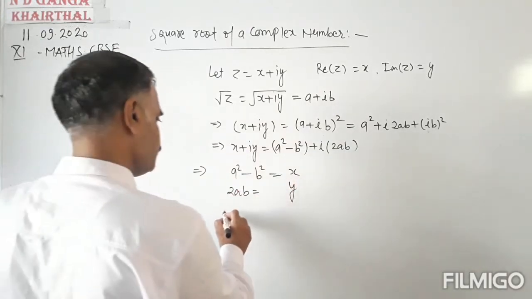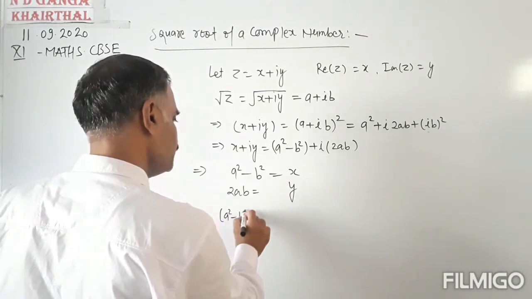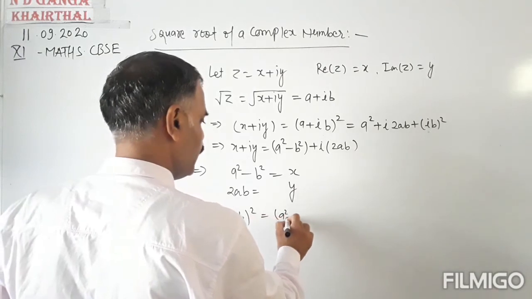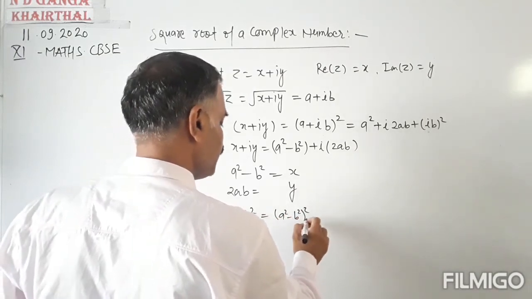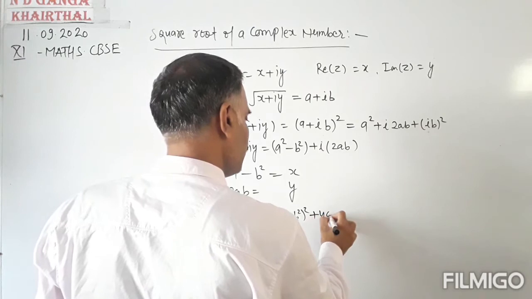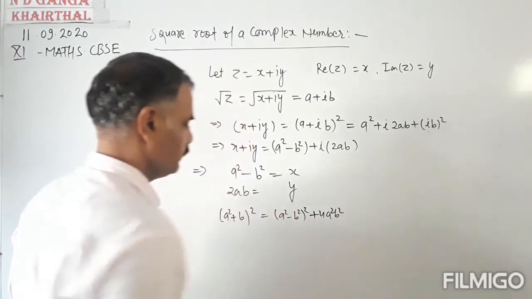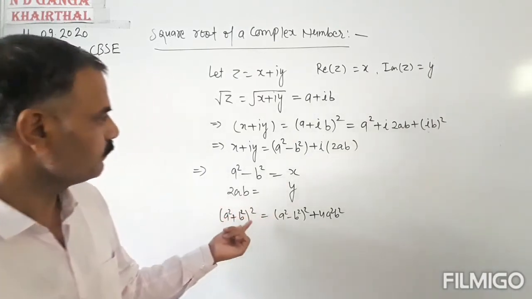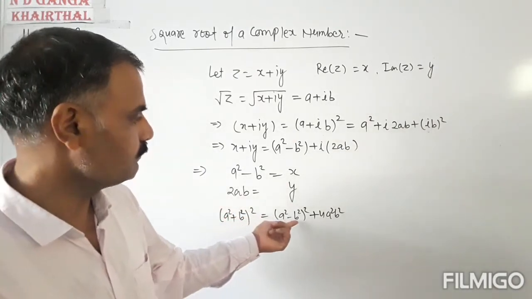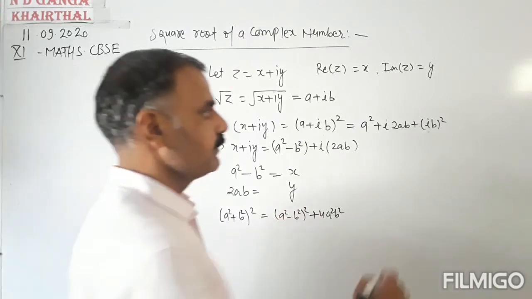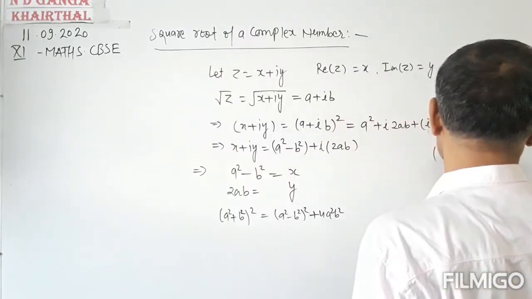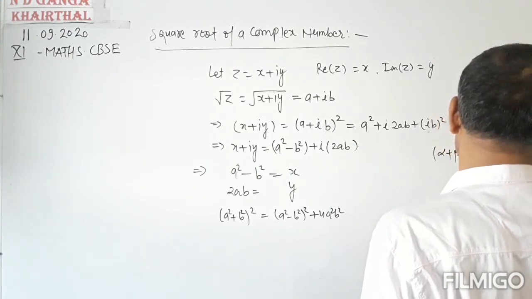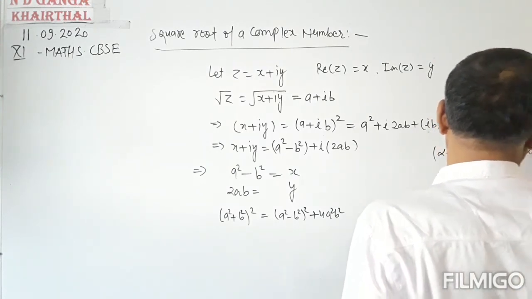We know that (a square plus b square) whole square equals (a square minus b square) whole square plus 4a square b square. In quadratic equations we have learned that (alpha plus beta) square equals (alpha minus beta) square plus 4 alpha beta.